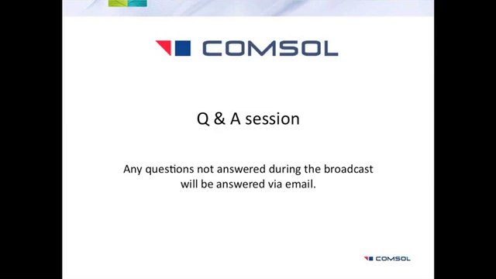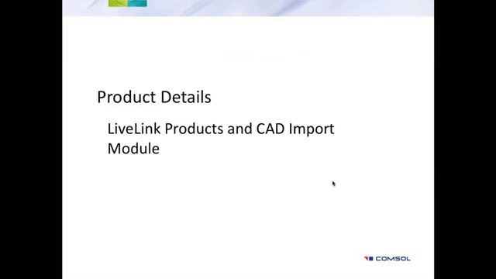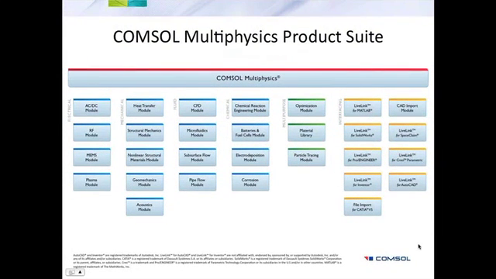Well, hopefully, yes. Another question is, how many LiveLinks are there? Are there LiveLinks to other CAD products beyond SolidWorks? Yes, we do have other LiveLinks, and let me just advance this down to a few slides I had here to support our Q&A session, and you can see our product suite here.